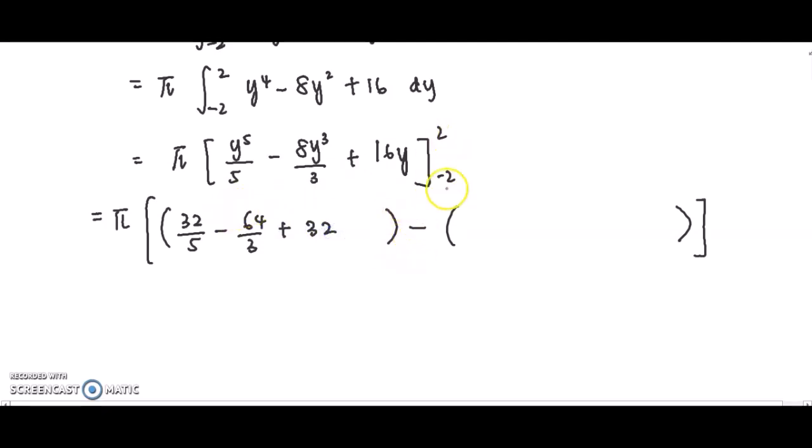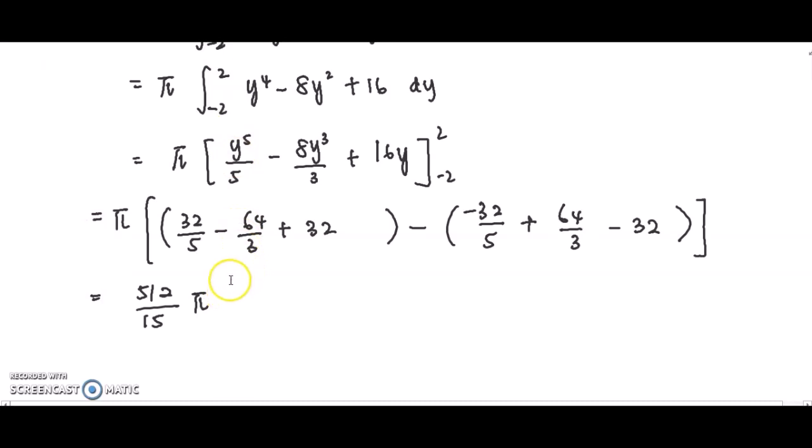After you put in the -2, you're going to put it in this second bracket. So plug in the -2 inside here, you got -32 over 5, and then you have positive 64 over 3 minus 32. And then calculate the final answer by your calculator.